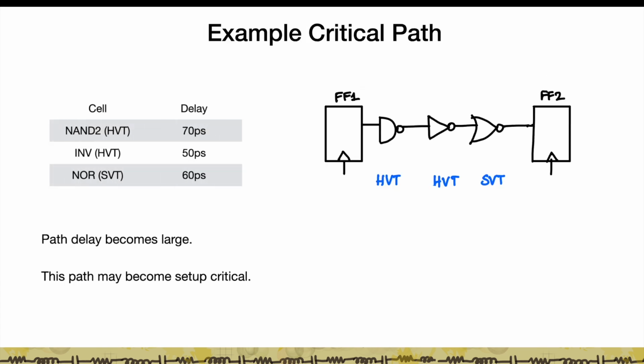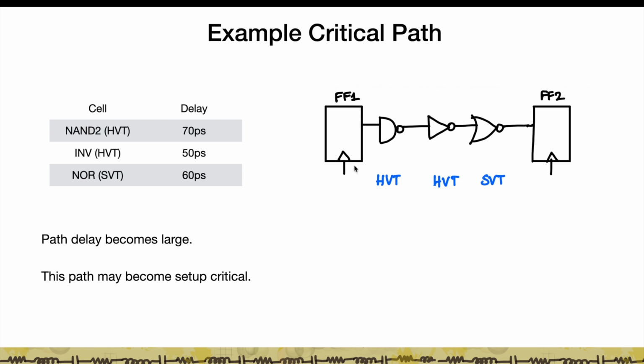Let's walk through a concrete example. Consider a path from flip-flop FF1 through a NAND2 gate, an inverter, and a NOR gate, arriving at flip-flop 2. In the initial implementation, the NAND2 and inverter are both HVT and the NOR is SVT.